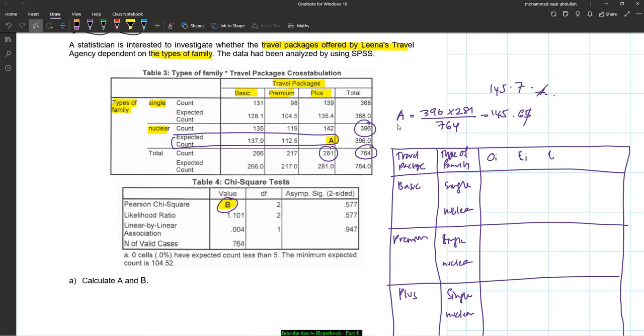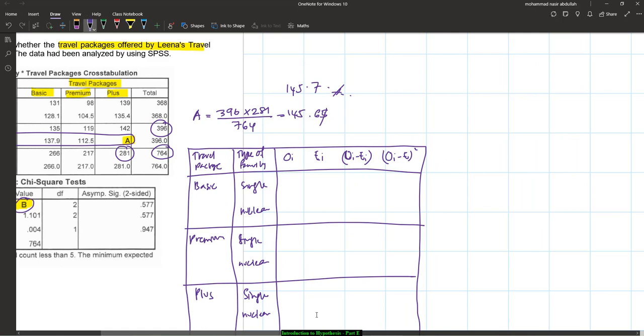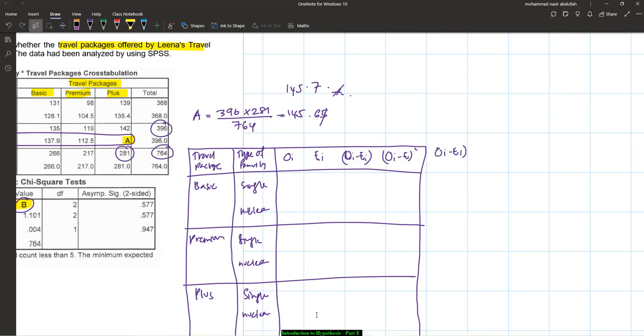And then we have observed minus expected, and then observed minus expected square, and the next column should consist of observed minus expected square divided by expected value, right?